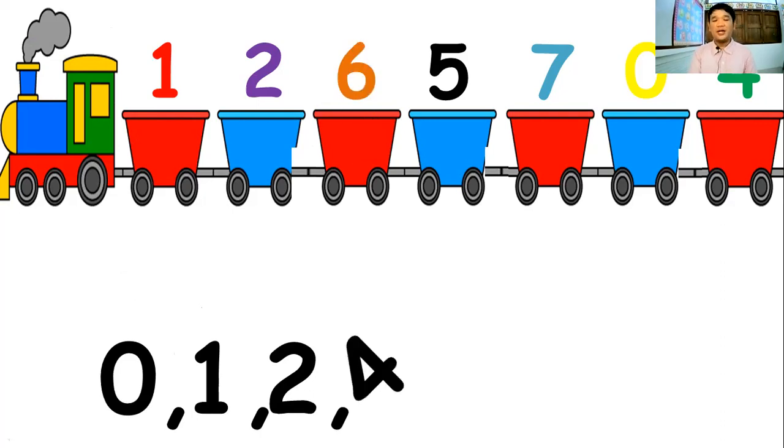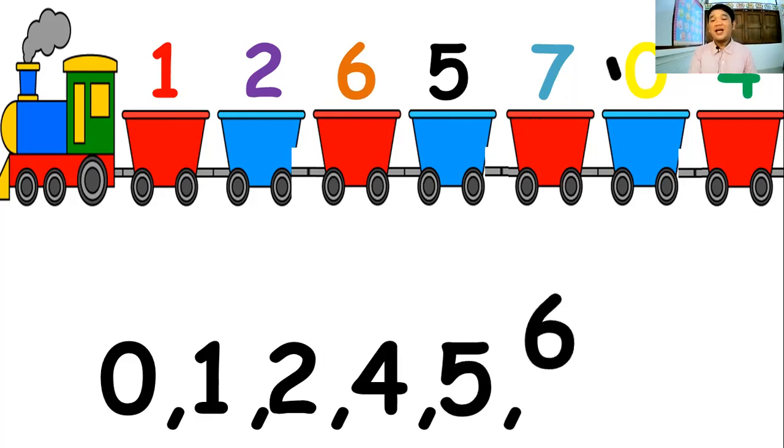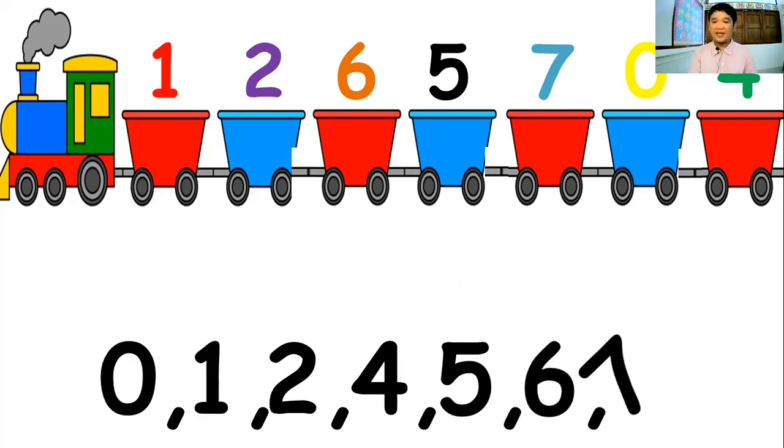It's 4. And then after 4 is 5. And then after 5 is 6. And the greatest number is 7. The smallest number is 0 and 7 is the greatest number. Did you understand? Very good.